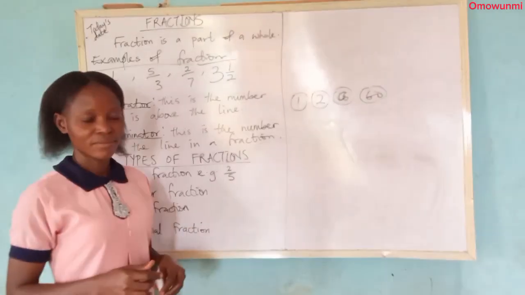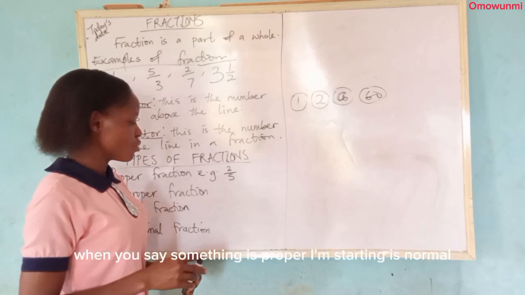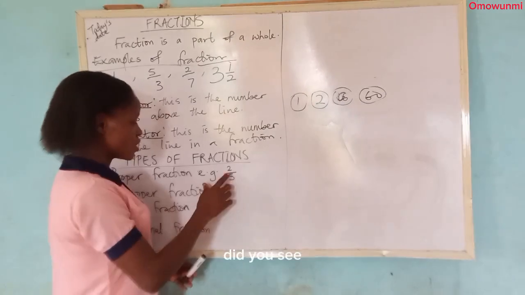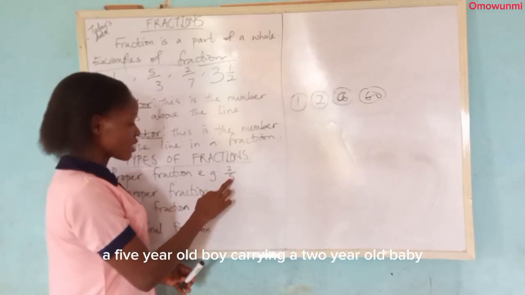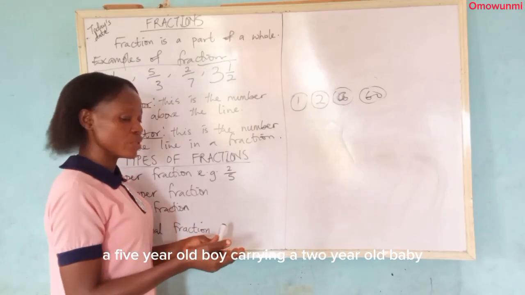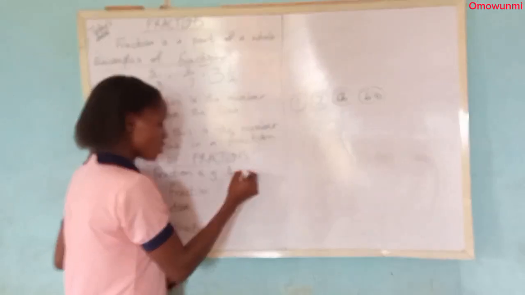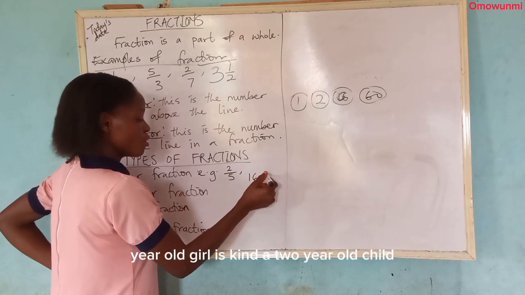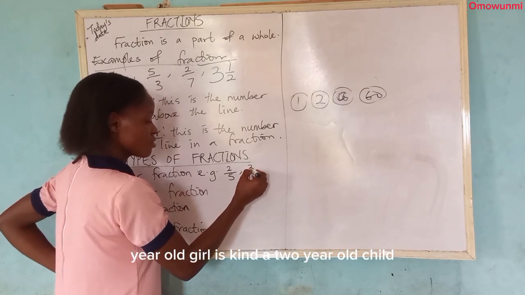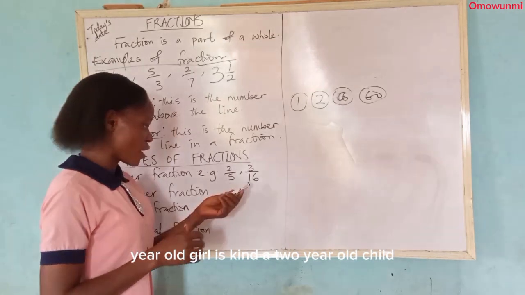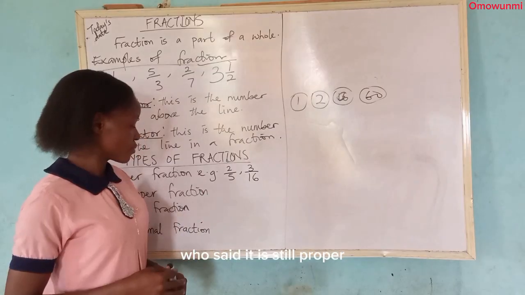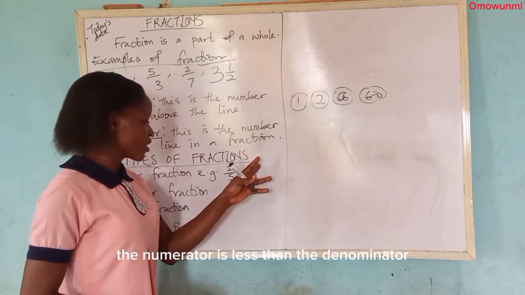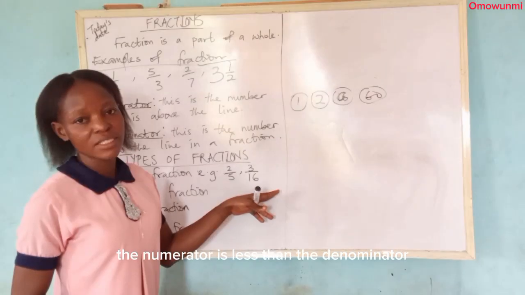This is okay. When we say something is proper, that means that thing is normal. If you see a 5-year-old boy carrying a 2-year-old baby, or a 16-year-old girl carrying a 3-year-old child, it is still proper. Proper fraction is where the numerator is less than the denominator.